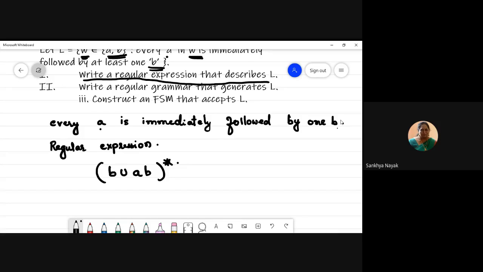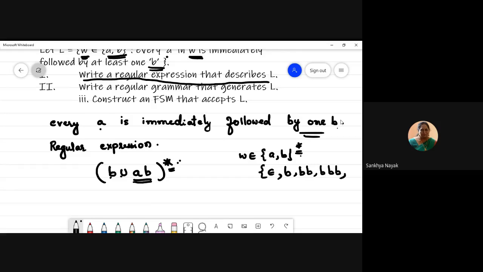I can have nothing also, because you saw W belongs to AB star, and star can be nothing. If I don't use anything, then it's an epsilon string. Will this B star represent a single B, double B, any number of B's? There is no restriction on B's, so that's okay.